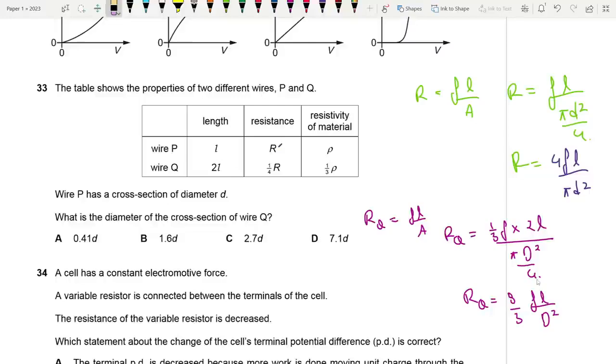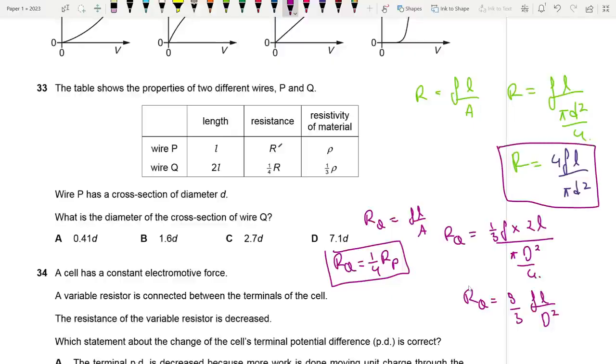And this value over here, RQ, we know that RQ is 1/4 of RP. So using this relation, I'm going to equate my two values, R and this RQ. Are we clear? So let's do this.